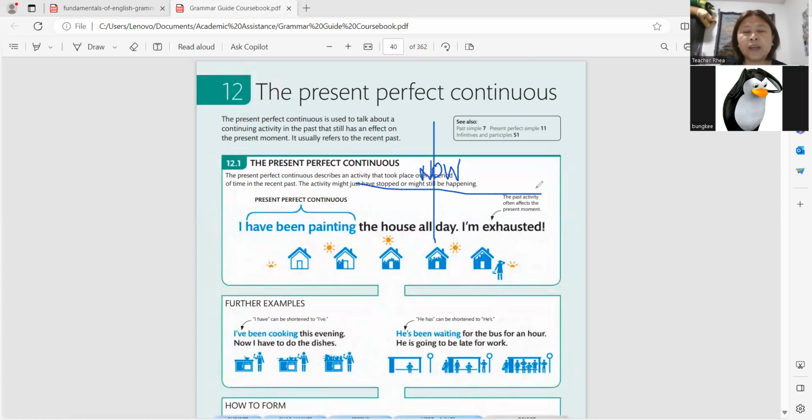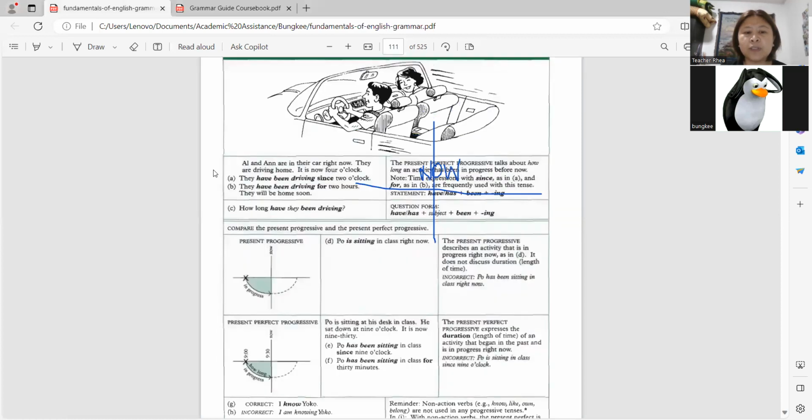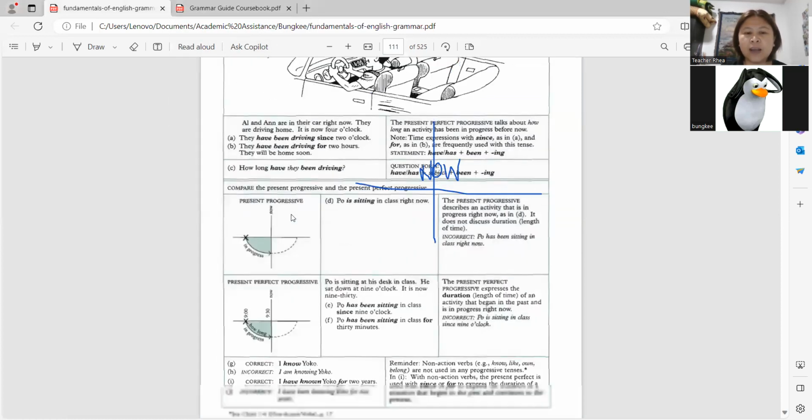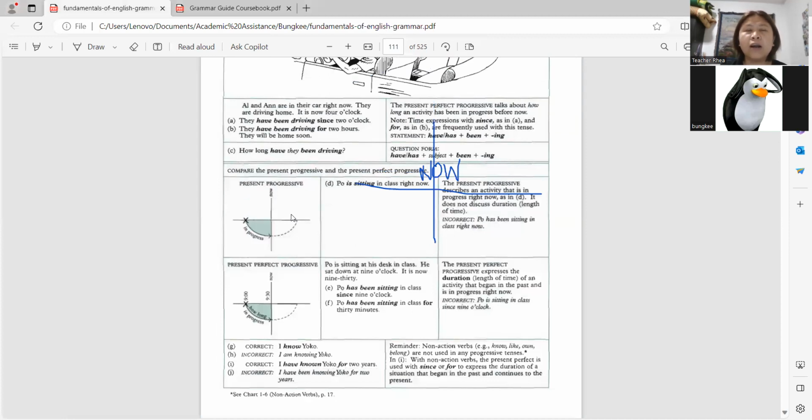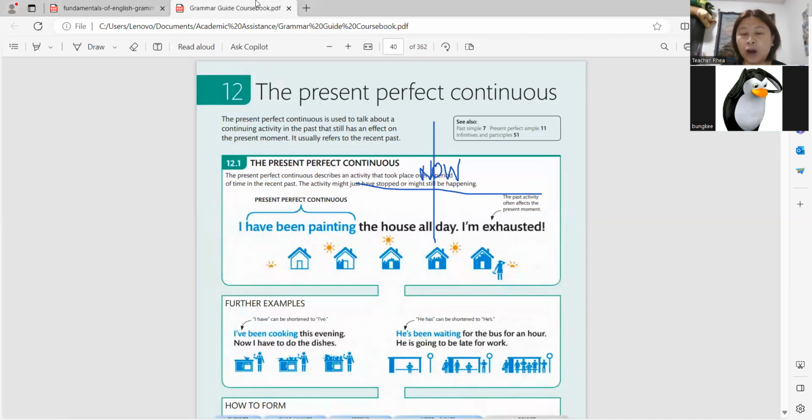So we use present perfect continuous if the activity or the event began in the past and is in progress right now. So how long the activity or the event has been in effect, you have been doing that for how long?